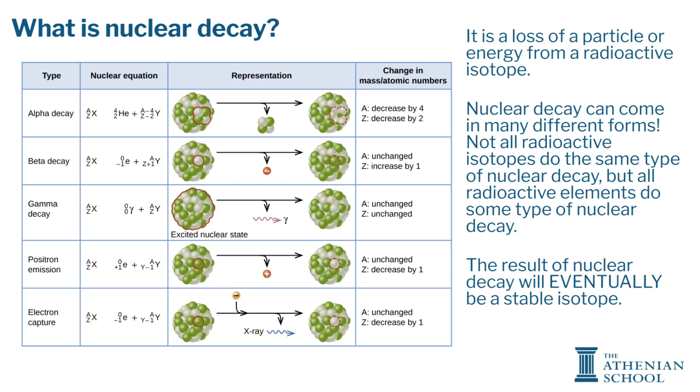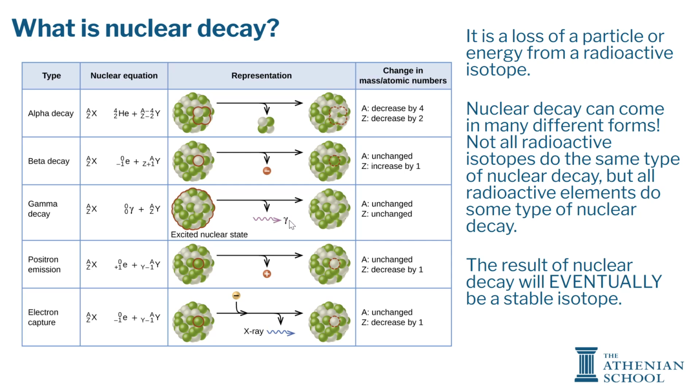As you can see here, there's a bunch of different things that can actually happen in the process. And it turns out that different types of isotopes do different types of decay. The ones that you'll most frequently hear about are alpha decay, beta decay, and then gamma decay.